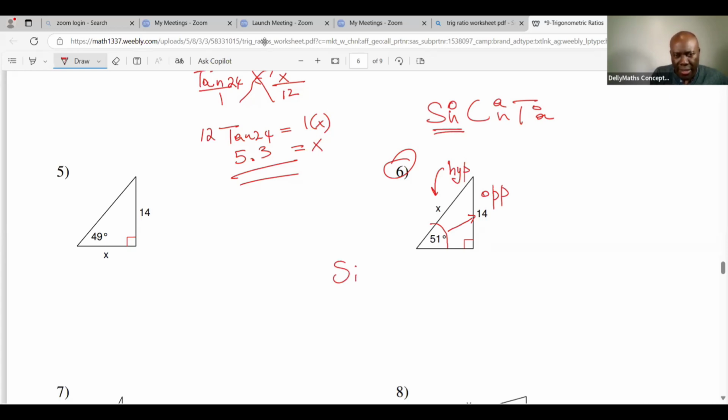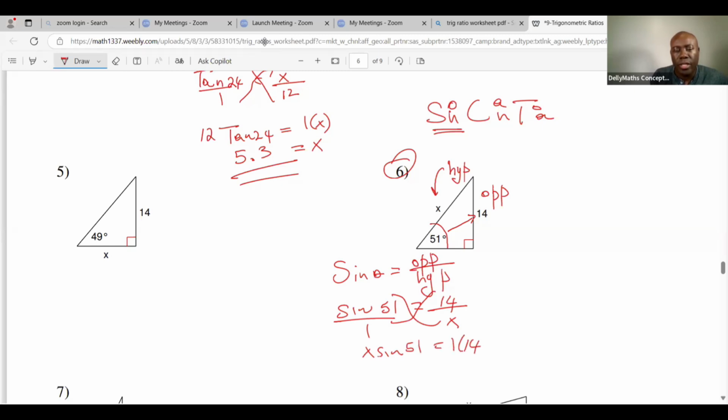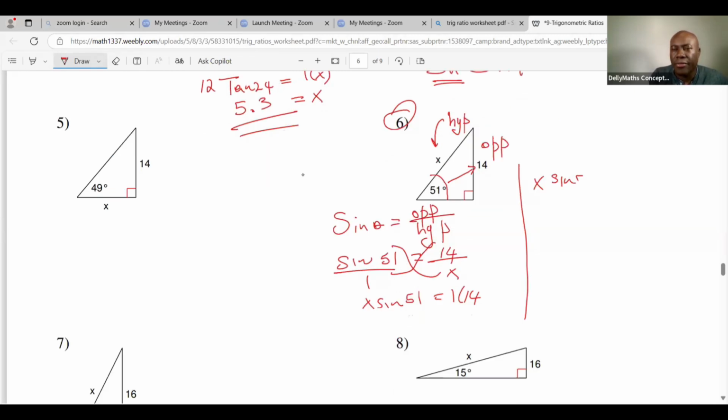The sine of an angle in the right triangle is equal to the opposite side divided by the hypotenuse side. So sine of 51 is equal to the opposite side, which is 14, divided by x. We can cross multiply: x sine 51 is equal to 14.